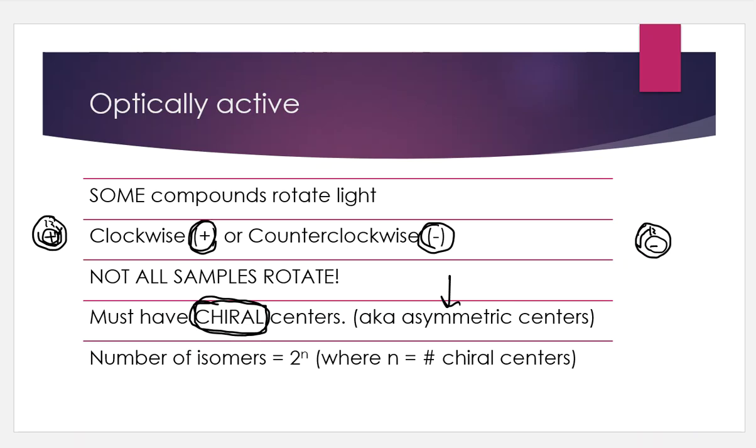And if it has a chiral center, then yes, it's going to rotate light. And it's going to either rotate it left-handed or it's going to rotate it right-handed. Don't really know which one it's going to do, but it's going to rotate light. I just got to kind of go through the motions, putting it onto the machine, making that measurement to figure out what it's going to do.